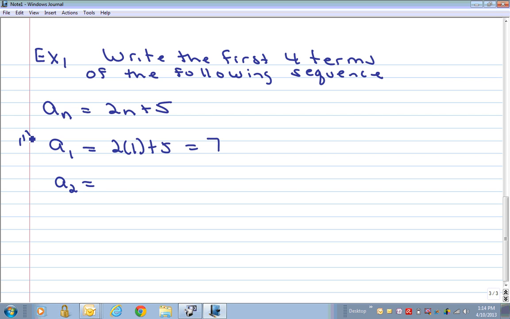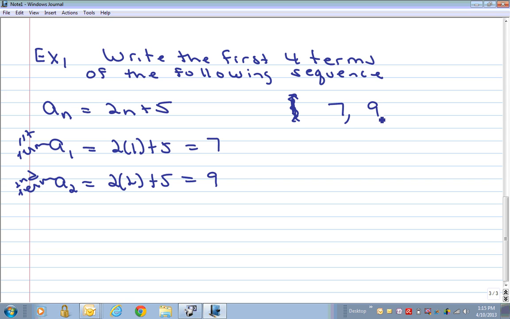And then we have a sub 2, which is the second term. So if I make a list of a sequence, the first term in that list would be 7, comma. All right, for a sub 2, we plug in 2, so we have 2 times 2 plus 5, which would be 9.